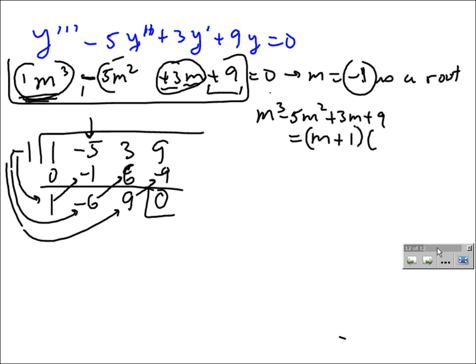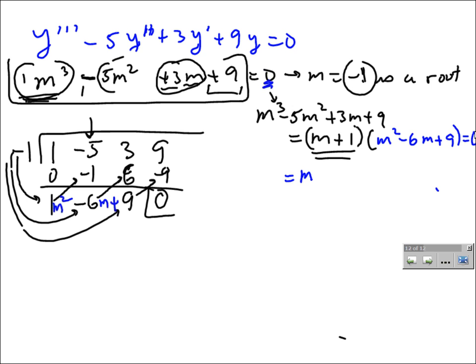Now, since I'm starting off with a cubic, and I'm only pulling out a linear factor, then it's going to go down 1 degree. It's going to be 1m squared minus 6m plus 9. m squared minus 6m plus 9. And this is supposed to equal 0. I mean, after all, it said that.